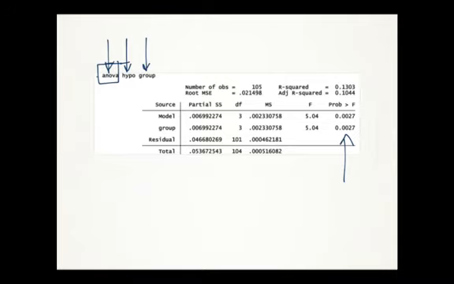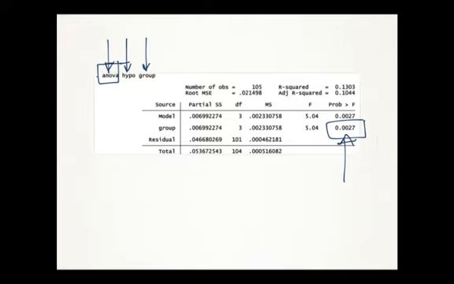Okay? Now, the key step, the most important step here is that we got a p-value less than 0.05. We rejected our null. We concluded that at least one of the means was different, but we don't know which mean is different, okay? So we're not done yet.